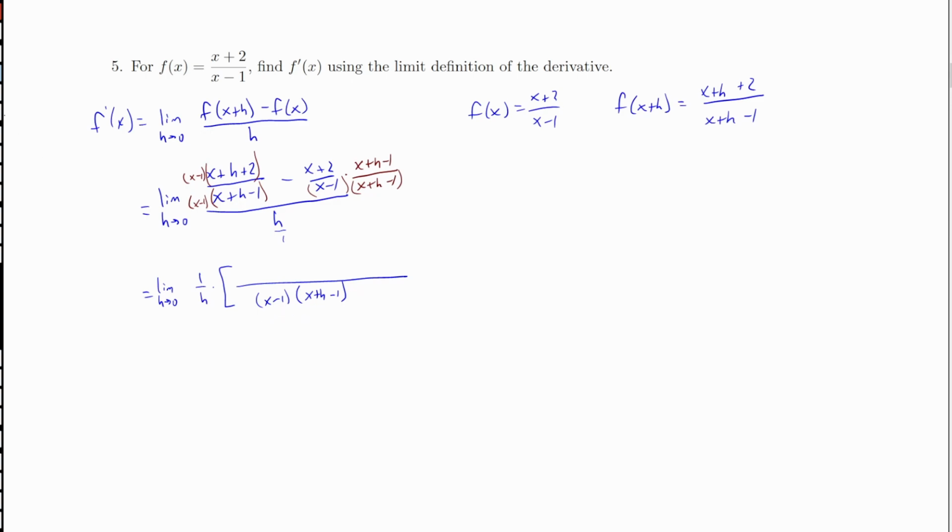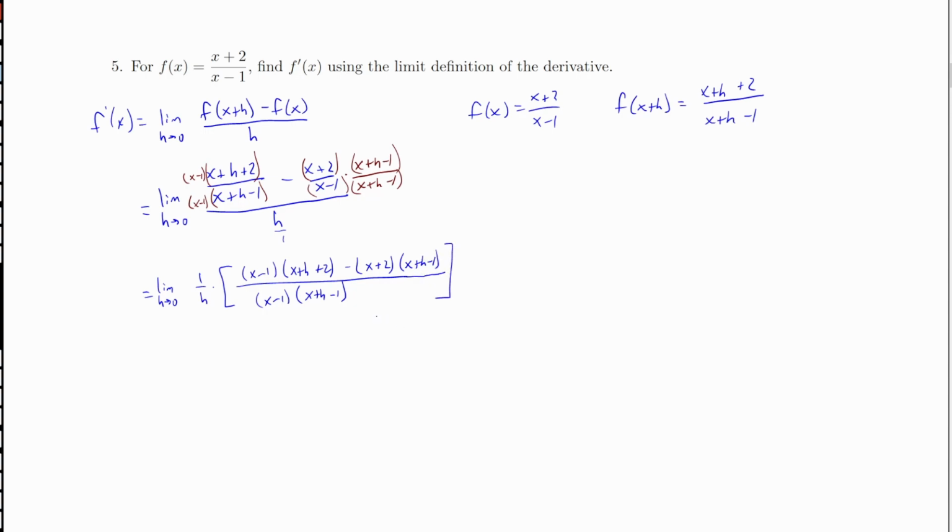Okay. All right, so in the numerator, we have x minus 1 times x plus h plus 2 minus x plus 2, x plus h minus 1.